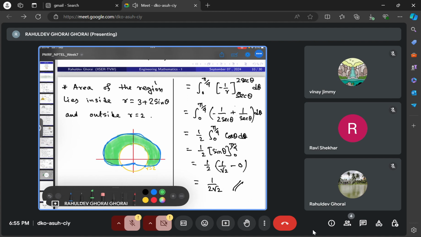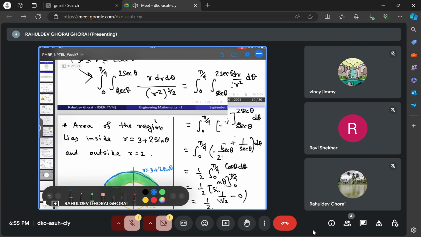So this portion is the area of the region that lies inside r equal to 3 plus 2 sine theta, and outside r equal to 2, above r equal to 2 and below r equal to 3 plus 2 sine theta, right?